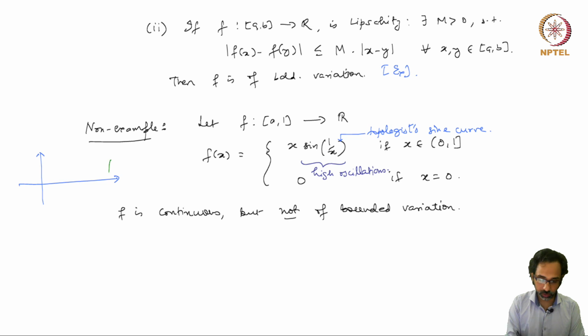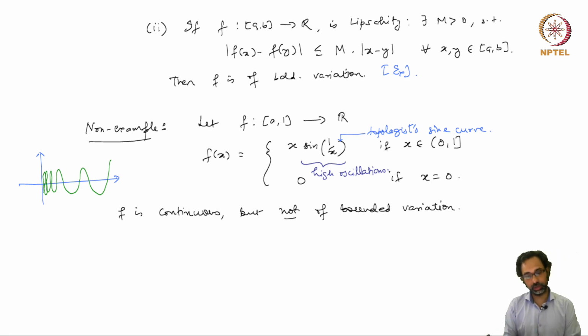So when you go closer and closer to 0, there is a lot of wiggle near 0, but still the function f is continuous, and the limit as x goes to 0 from the right hand side is precisely 0, even though x sine(1/x) is not well defined at 0, but still the limit exists, and this makes the function continuous.